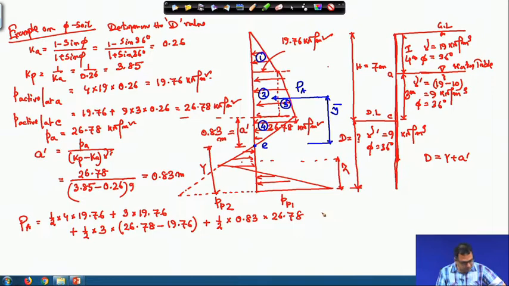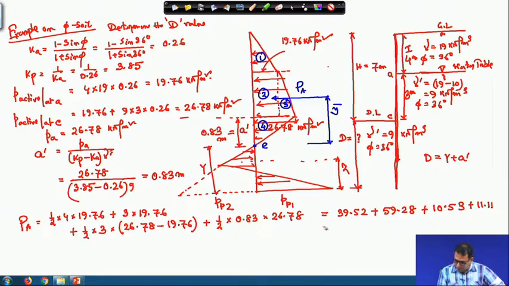So, this is equal to, if I calculate separately, for the first part it is 39.52 plus 59.28 plus 10.53 plus 11.11.